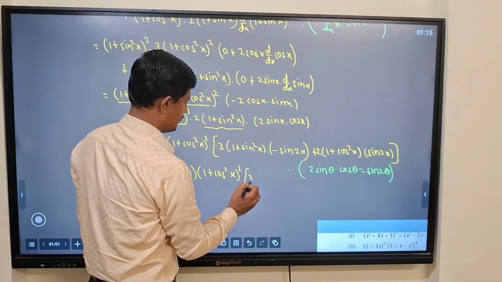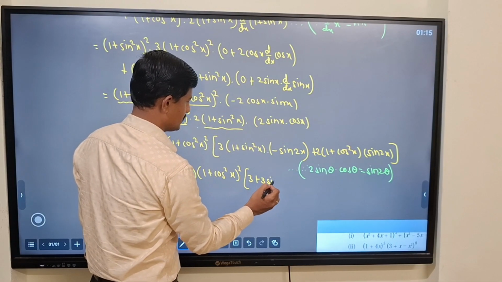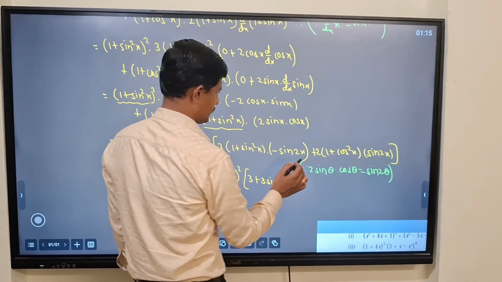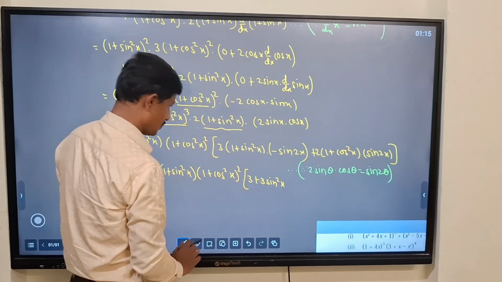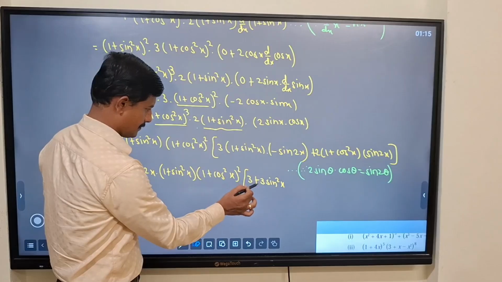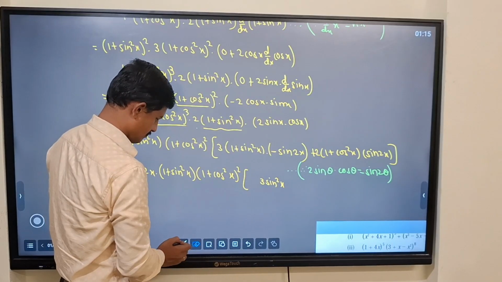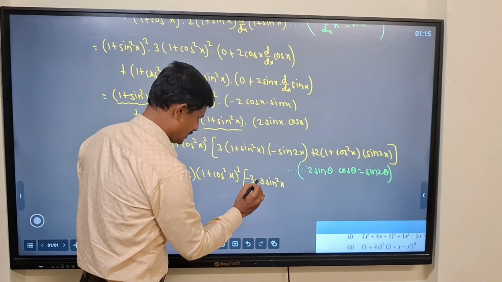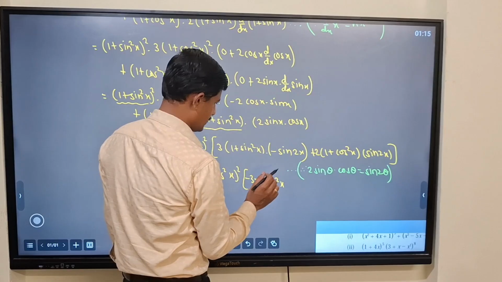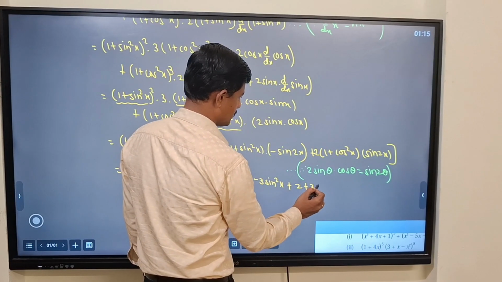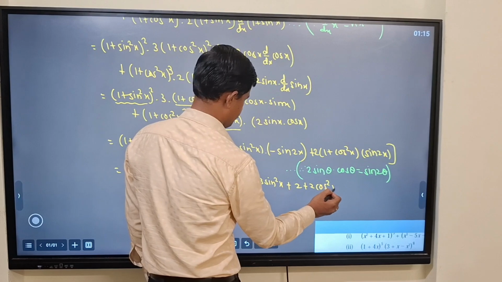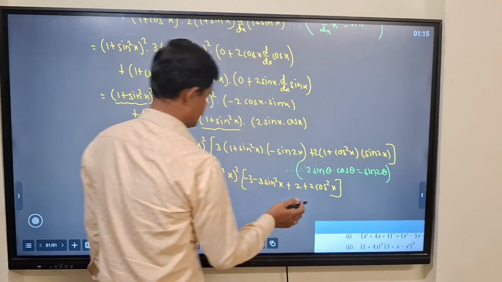Now 3 plus 3 sin²x, this whole becomes minus because this is minus, so this becomes minus 3 sin²x, and here plus 2 plus 2 cos²x.